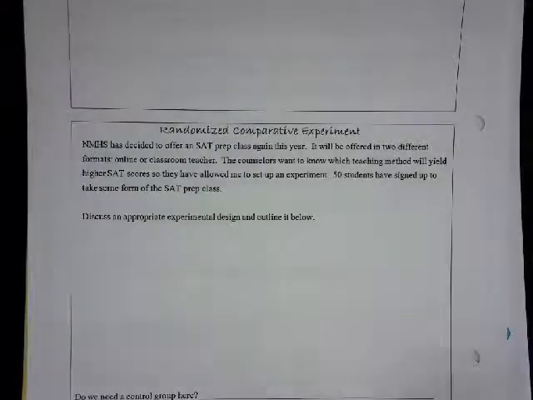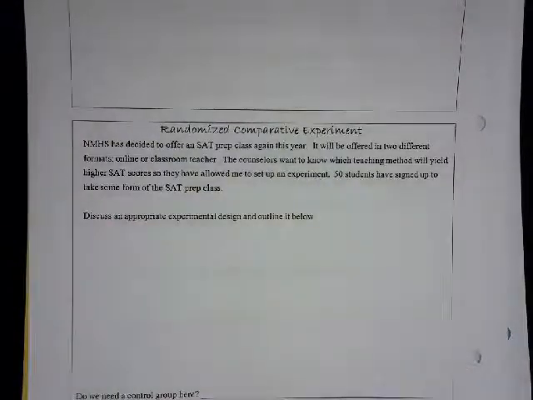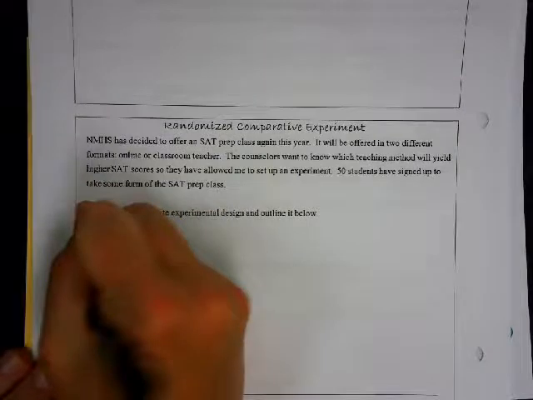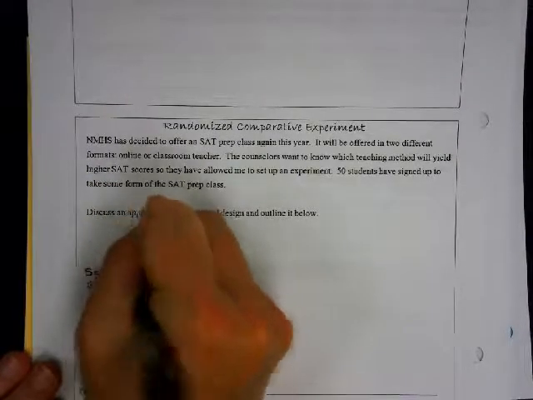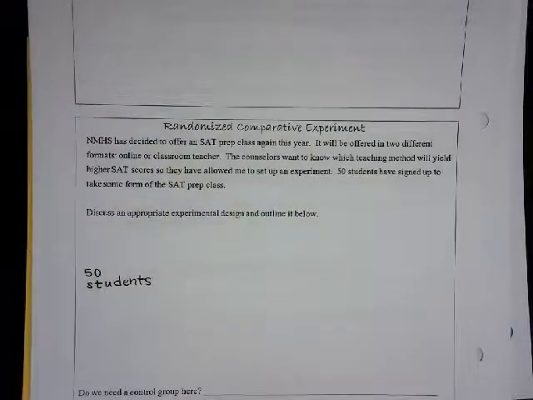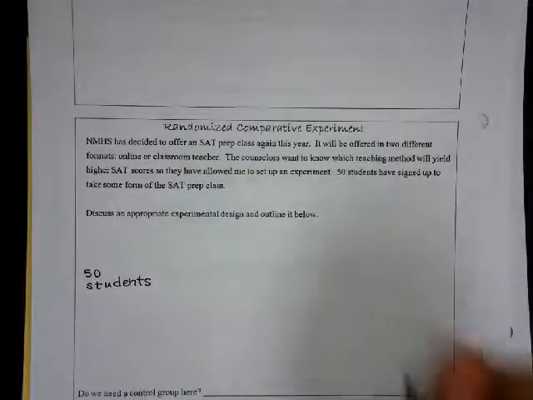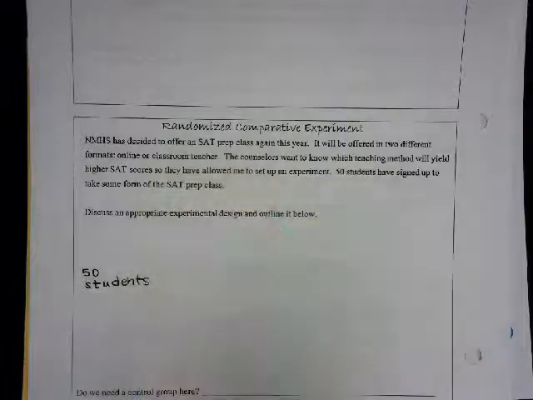So you always start with the number of experimental units, or in this case, subjects. So we have 50 students that have signed up. Then it's going to be kind of like I say tree diagram.